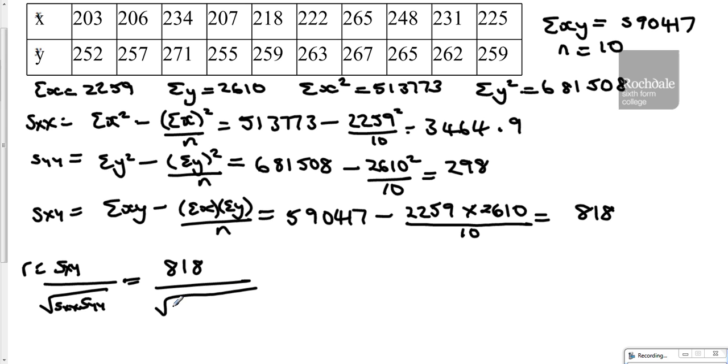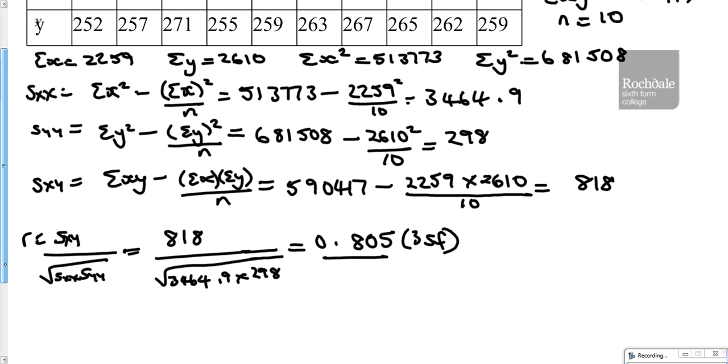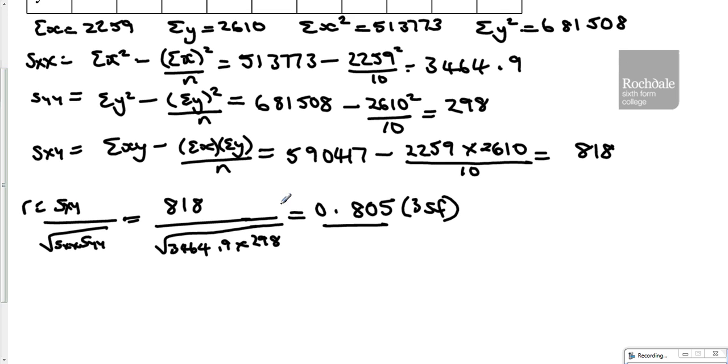On the denominator, we have 3464.9 multiplied by 298. And if we work that out carefully on our calculator, round it to 3 SF, that's what we get. Now, from looking through the notes on the previous page, you'll see that this is fairly close to a value of 1.